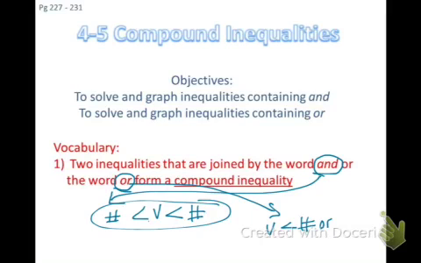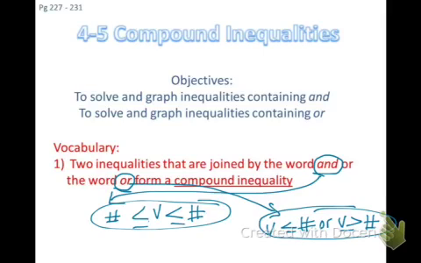When putting it together for "or", you have to write out the word "or", and then you have a variable with a greater than or equal sign. Could be equal. All of these could have equal on here, and have a number. So with the "and", you're going to have one huge inequality, and with the "or", you're going to have two separate inequalities when you write out your problems.